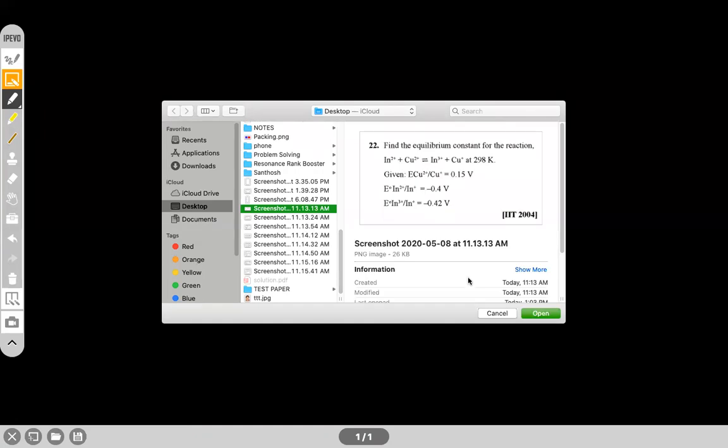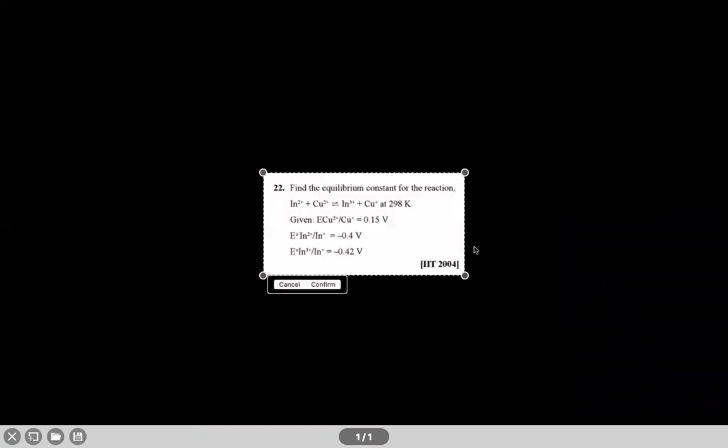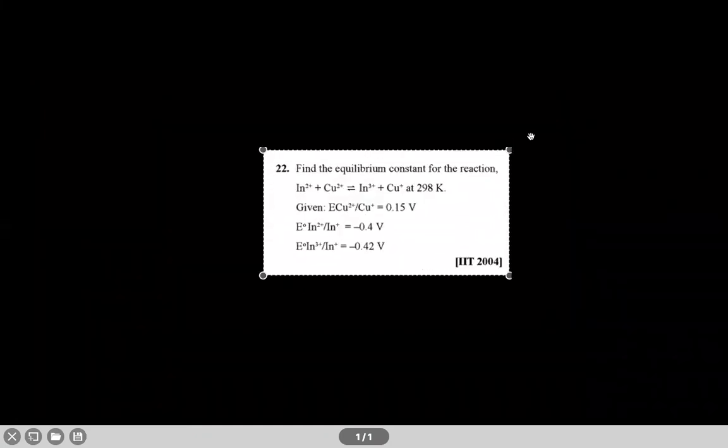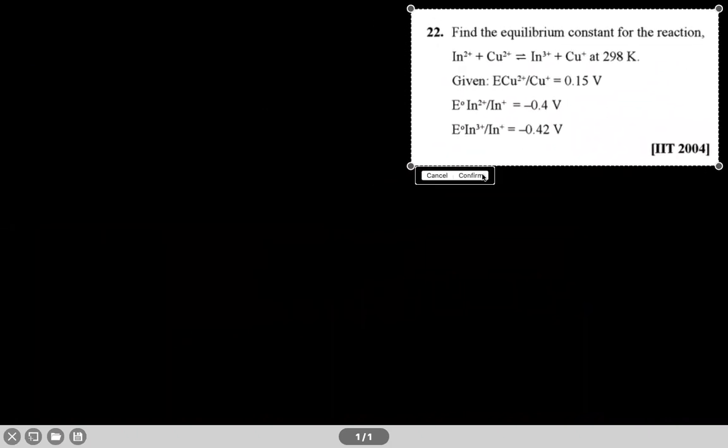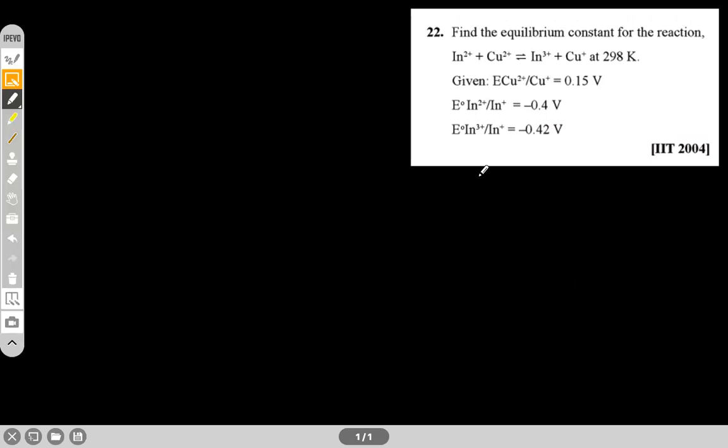So the first question we are going to see here is this. Find the equilibrium constant for the reaction given.